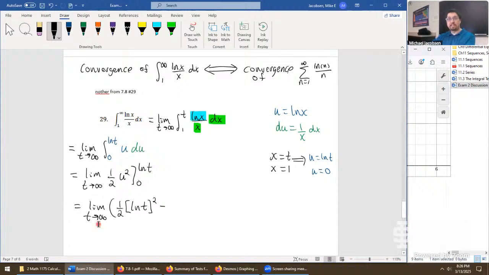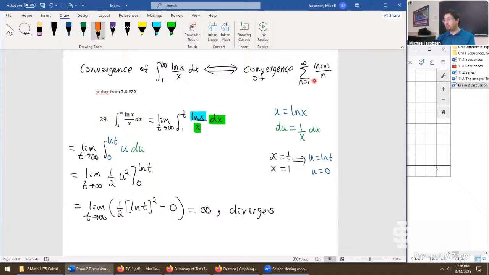That's kind of problematic because remember, t is going to infinity, which means it's also going to infinity right here. Then it's minus 0. So the natural log goes to infinity as t goes to infinity. Natural log squared goes to infinity even faster. So this whole thing is infinity, which means it diverges.